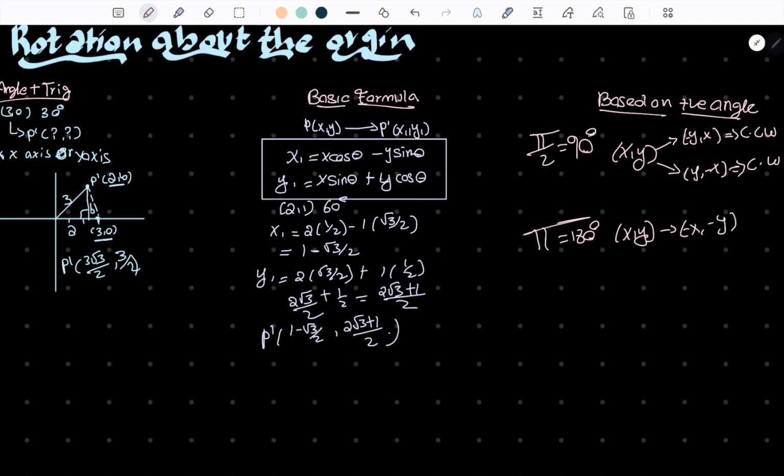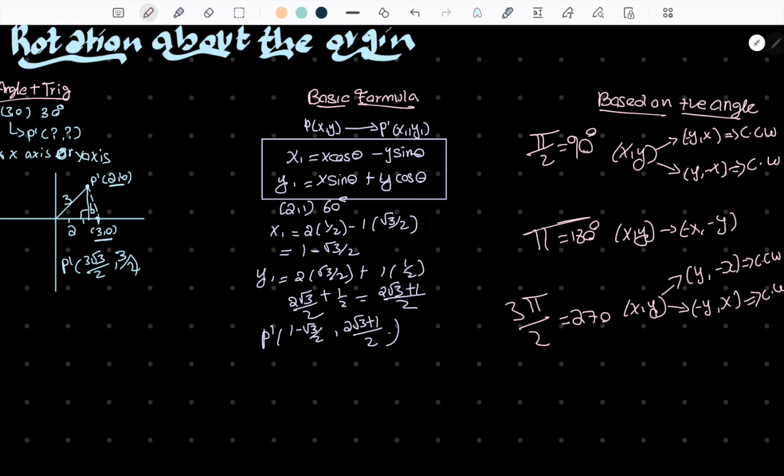So for another very specific angle, 3 pi over 2, which is 270 degrees, this is just going to be opposite of the 90 degrees. So if it is counterclockwise, it would be y comma negative x. If it's clockwise, then it will be negative y comma x.